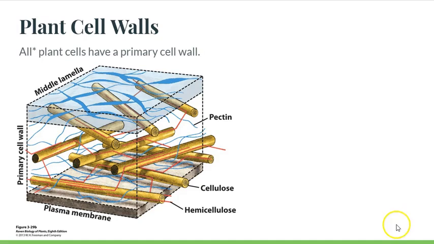And that primary cell wall contains cellulose, as well as other compounds that give it some rigidity as well as flexible support. So hemicellulose is very similar to cellulose. These are present in these fibrils that are crisscrossed throughout the cell wall. And then pectins are these highly branched polysaccharides.